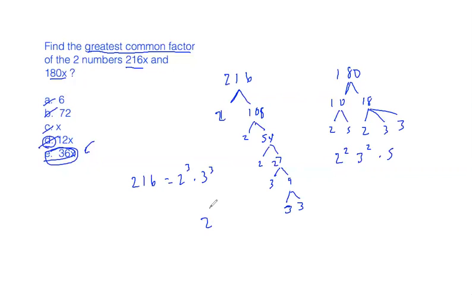So 2 squared, 3 squared would be the factors that are in both of these. So 4 times 9 is 36, and there's our 36x. But really, dividing it out, just eliminating what you know can't work, and just trying the last two numbers, dividing, works pretty well.